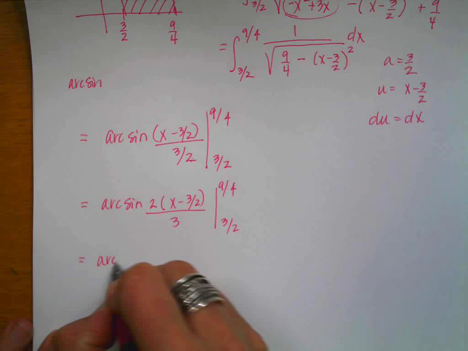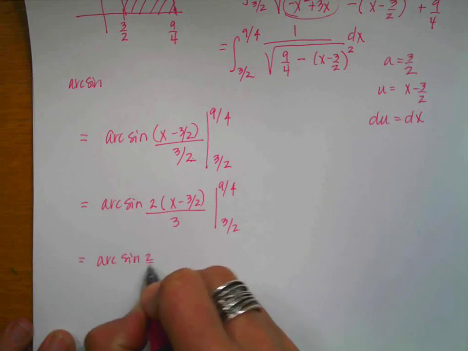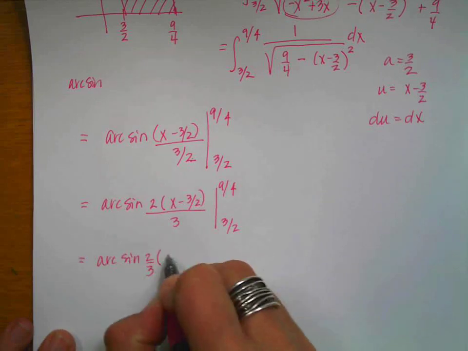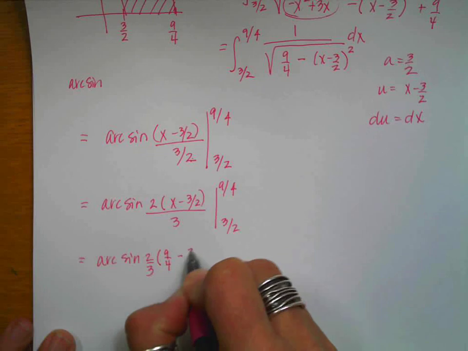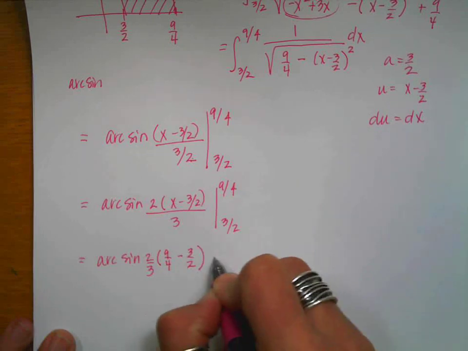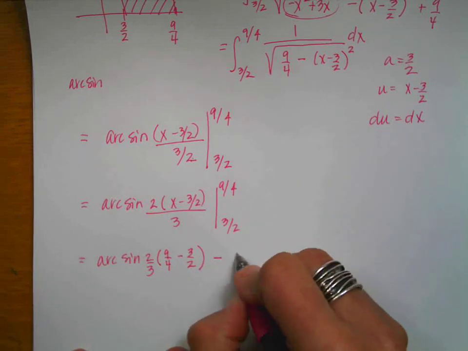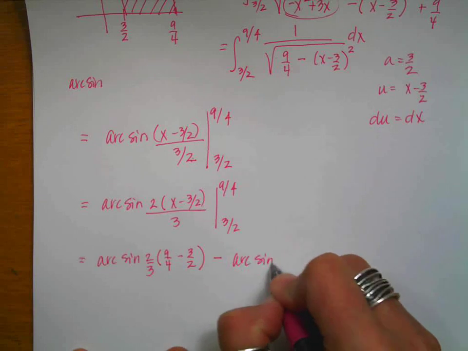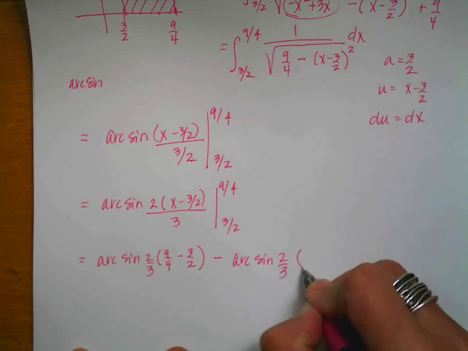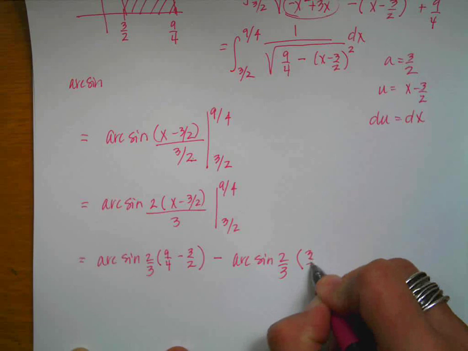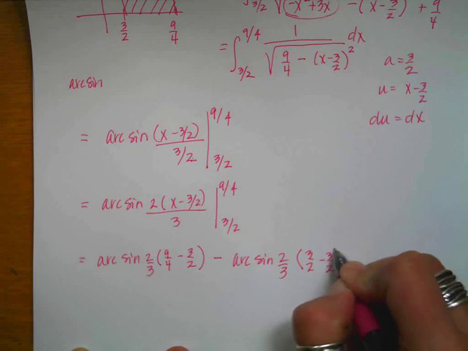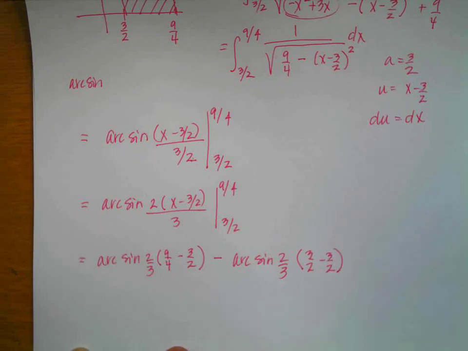It's just messy. So this is going to equal the arc sine of 2/3 times 9/4 minus 3/2, minus the arc sine of 2/3 times 3/2 minus 3/2.